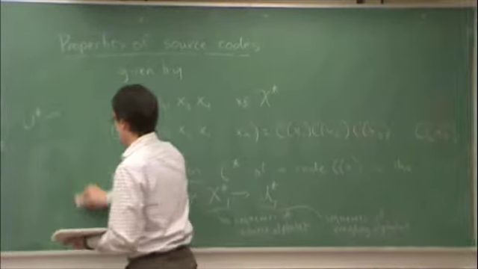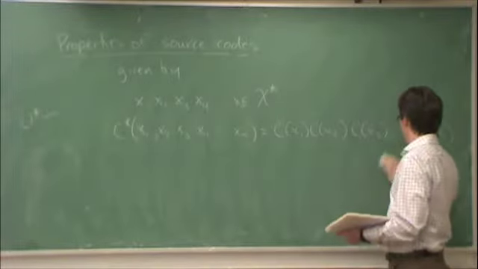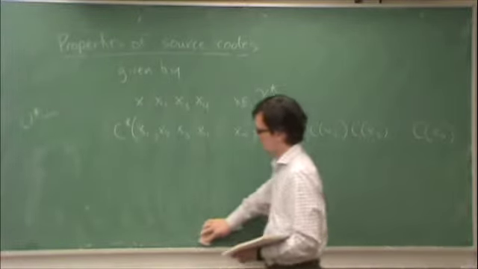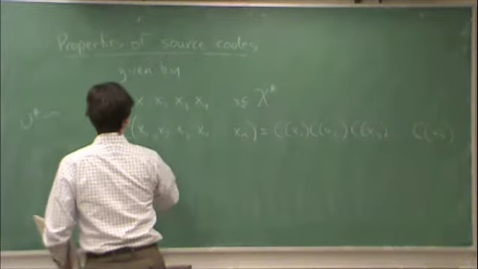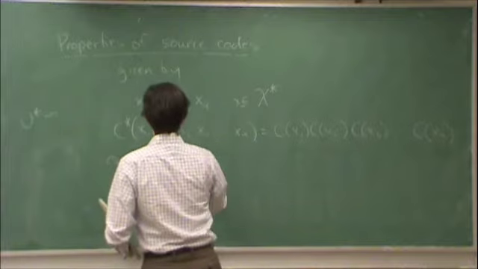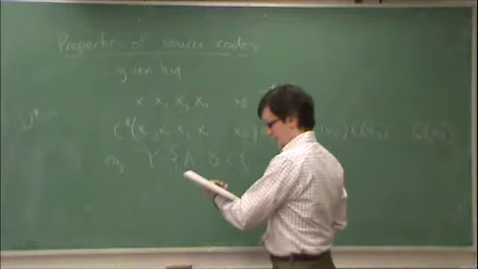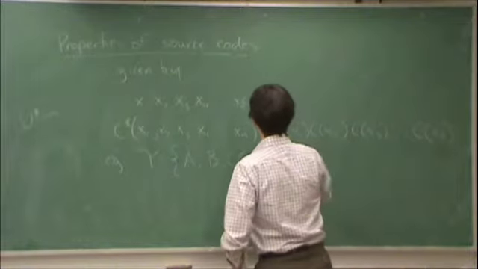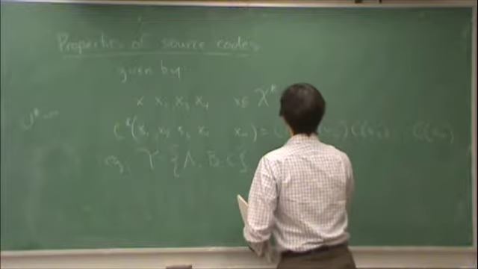Here's a quick example. Let's say my sample space is A, B, C, and my channel alphabet is 0, 1.